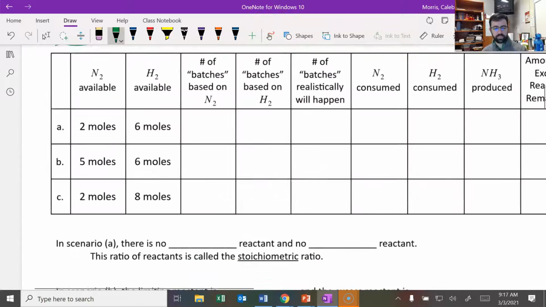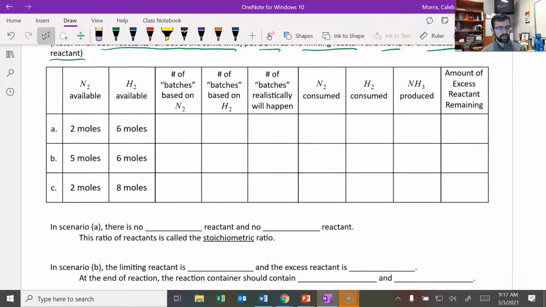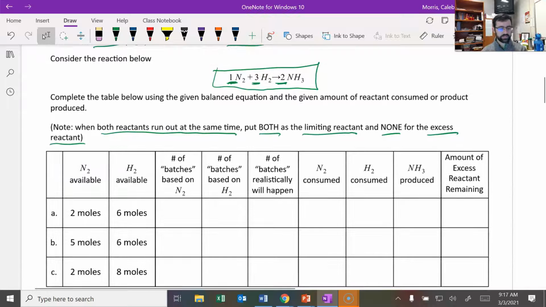Okay, so let's start with part A here. If I have 2 moles of N2 available and 6 moles of H2 available, compare that to our reaction. Well, with 2 moles of N2, I can create 2 batches. I could do the reaction twice because that's twice what my reaction, or you could say my recipe, calls for.